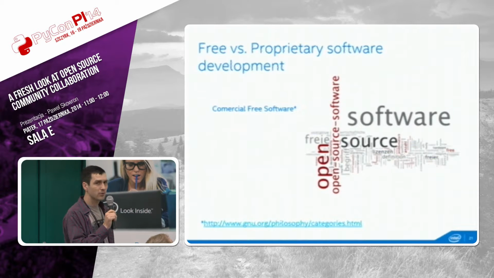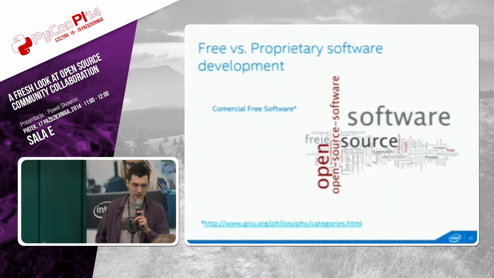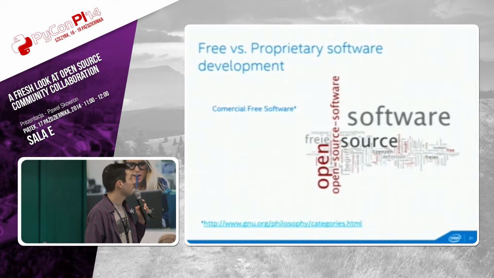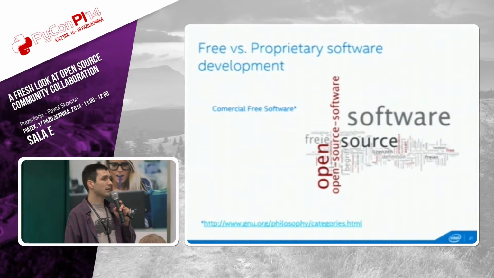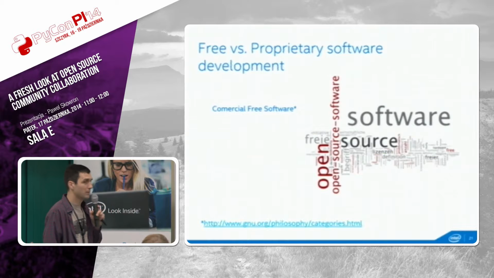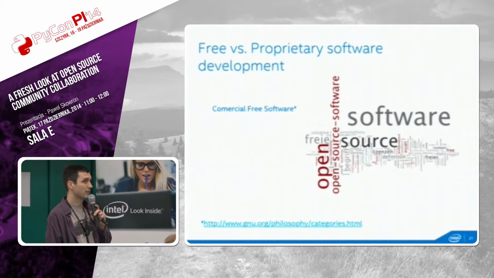Okay, so I also promised you to talk a little bit about open source and commercial development. What we are doing in Intel is something like commercial free software. I believe this sounds really weird. I mean, this is commercial and free.